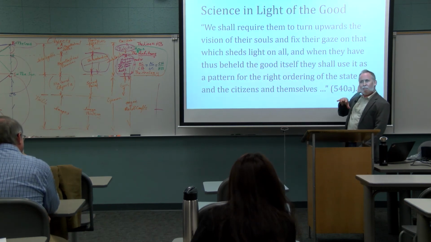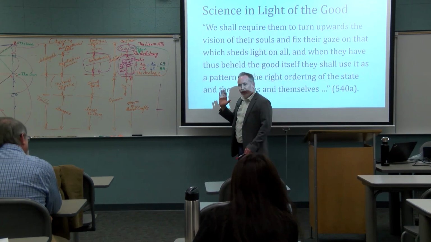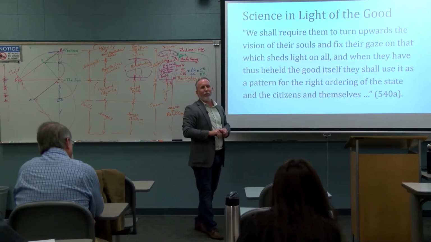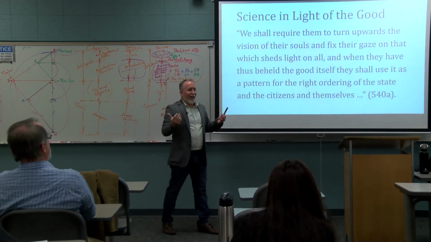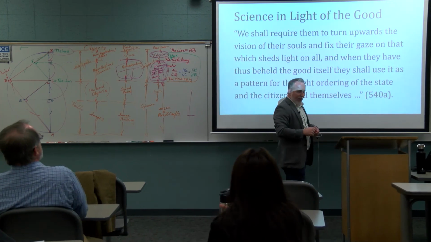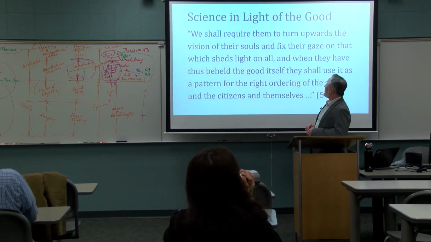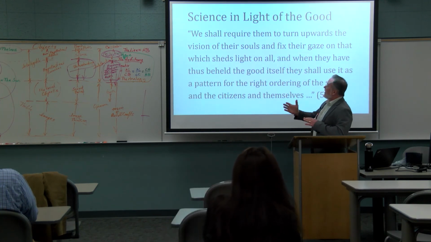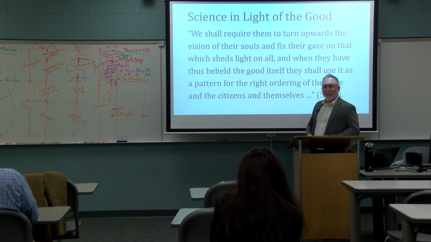That there has to be this values-based approach to science in order to create a well-functioning society, which is what the republic is all about. Is how do you formulate a well-functioning society and how that translates to a well-functioning person, right? So that's the sort of interpretation that I give to the divided line.